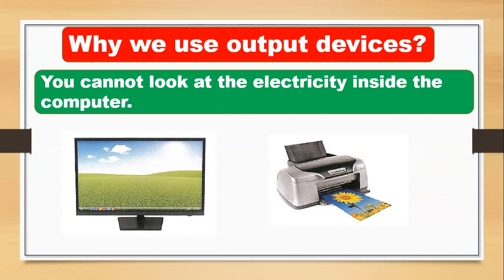Because you cannot look at the electricity inside the computer, because all information is like electricity. Like electricity on, it will show the result, and off, it will turn off the result. So you need a monitor to see the numbers, pictures, videos.